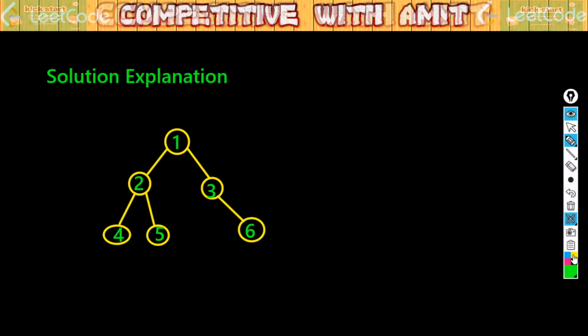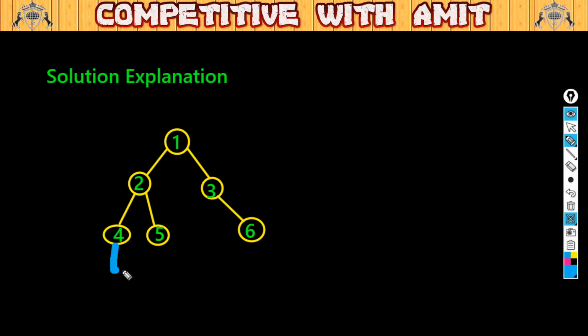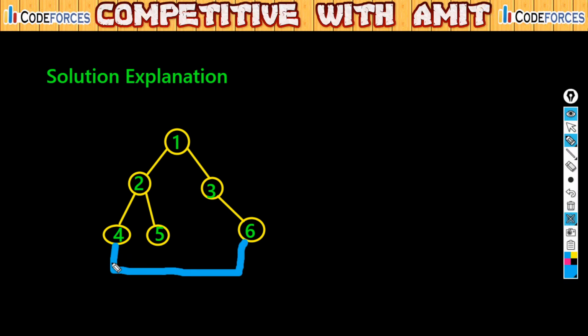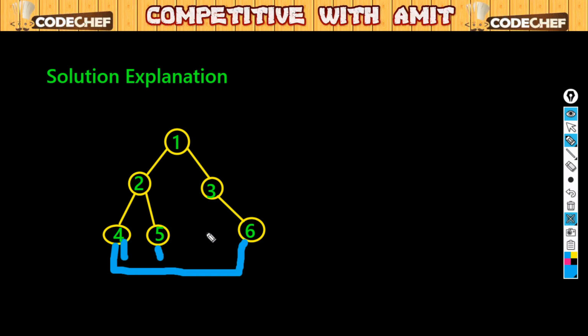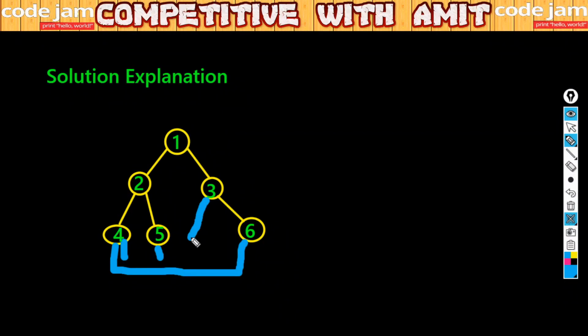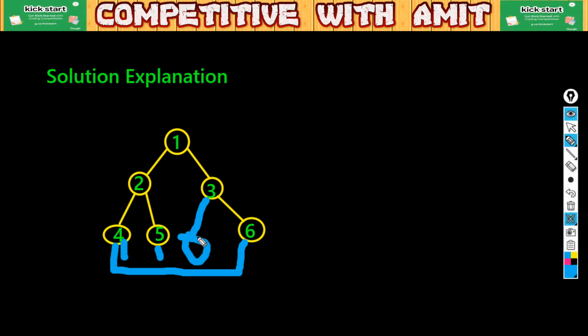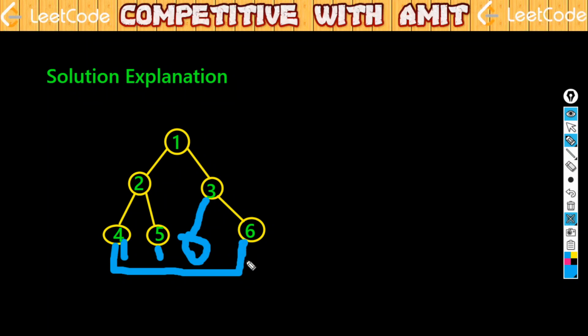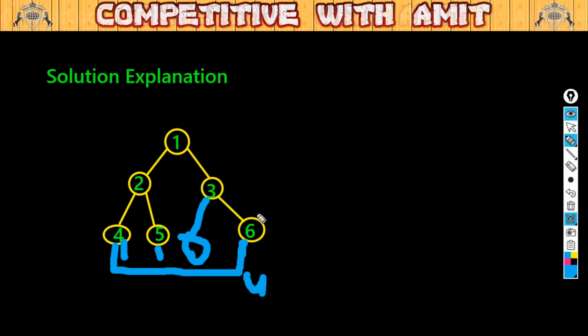Basically we have to find the width. The width is the distance between the two end nodes. In this case, the distance is 1 unit. This will have one more node, a third node, and this is 4. So the answer will be 4. Now suppose we do not have this.